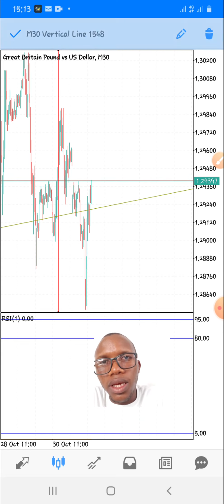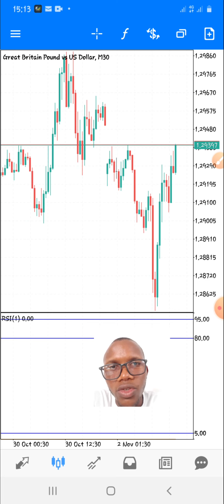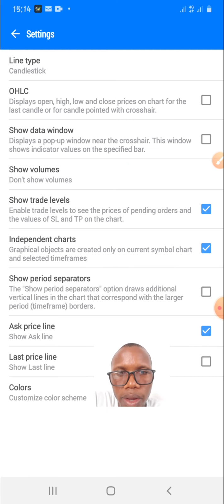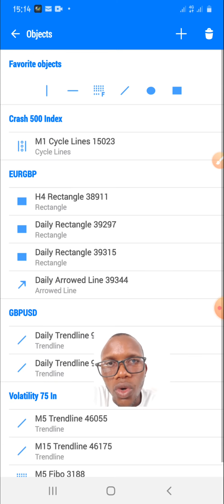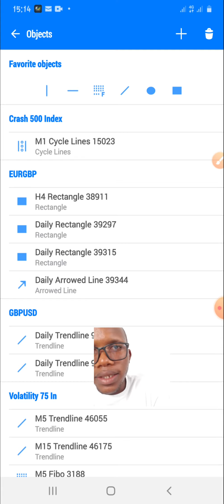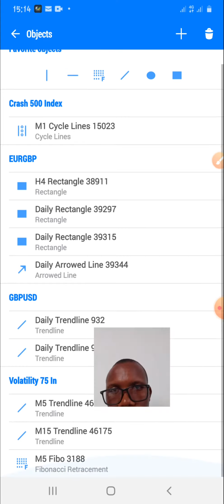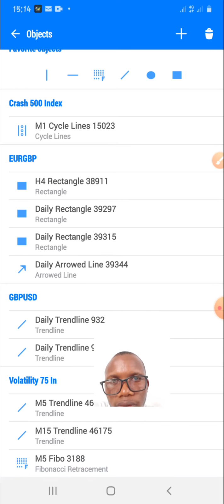Okay, this line is refusing to listen. We need to draw a vertical line. I'm sorry about this.